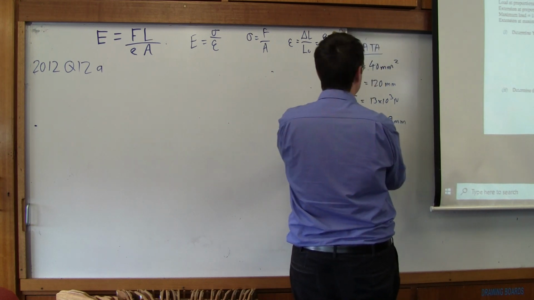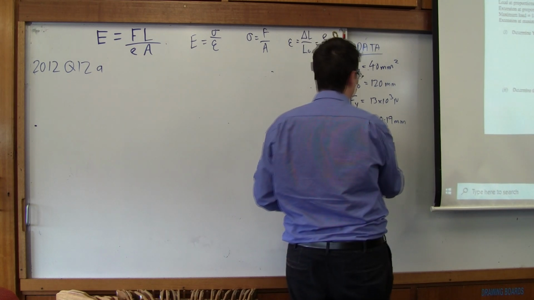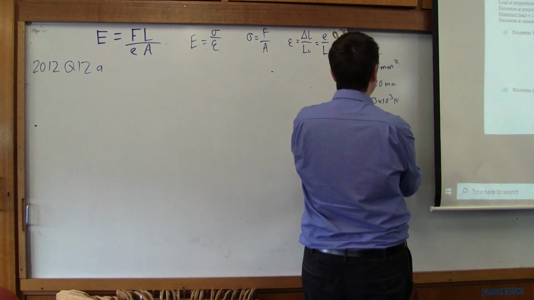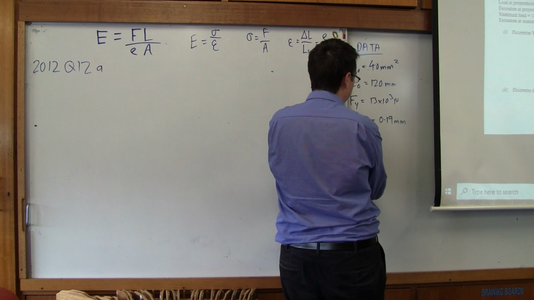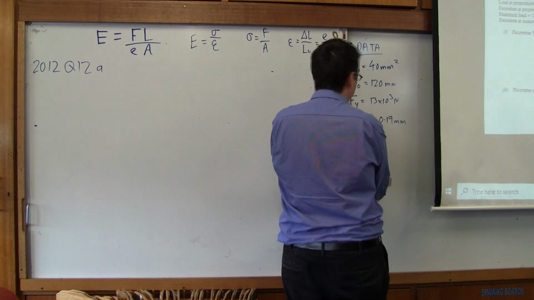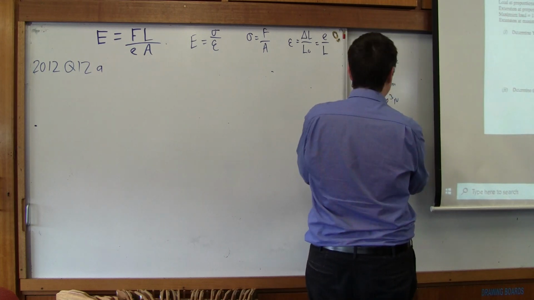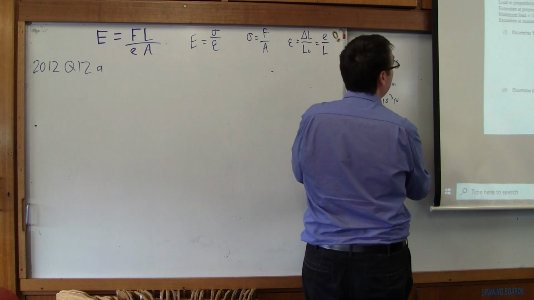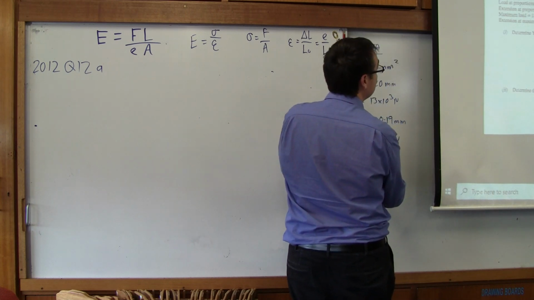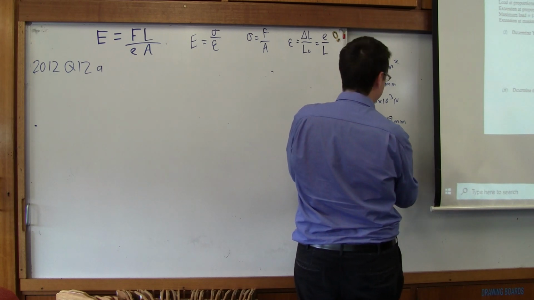And then we have maximum load, so this is F max. I really could write that as F UTS, ultimate, something like that, but I'm going to keep it as F max. It is 18 times 10 to the 3 newtons. And the extension at maximum load, so this is E max, equals 4.9.